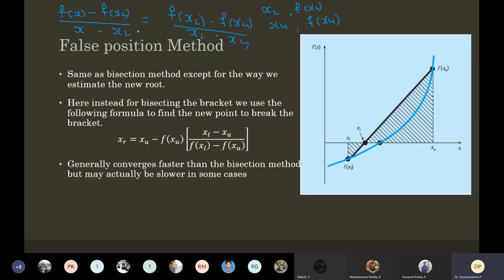So we could use u or l, doesn't matter. It looks like the formula uses u, so I'm using that u. See, this is the equation.